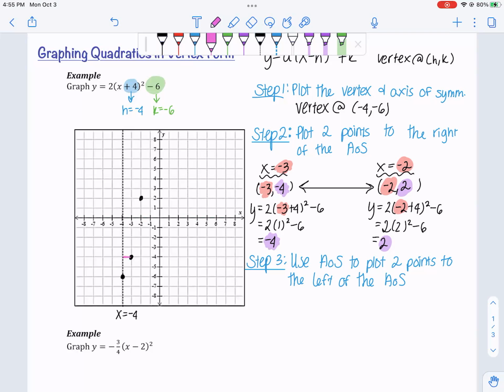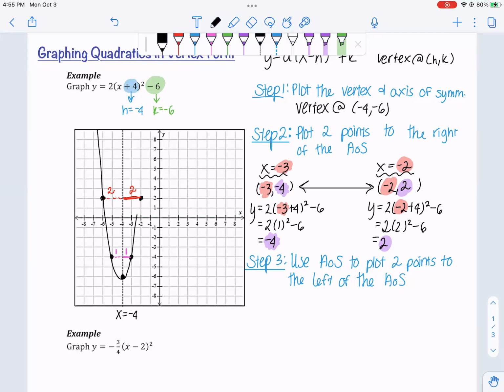For this point right here, there's a distance of 1. So in the other direction, if I go 1 unit to the left, I can plot another point. Up here, this one is 2 units away. So I'll just go 2 units away on the other side and plot another point. And now we have enough points to make do.